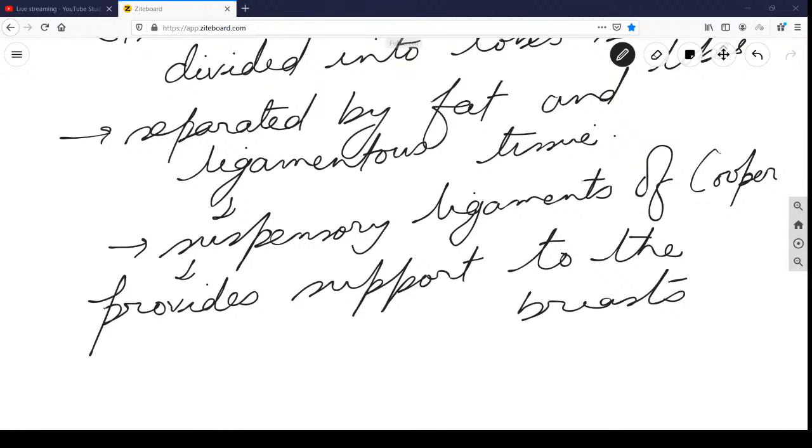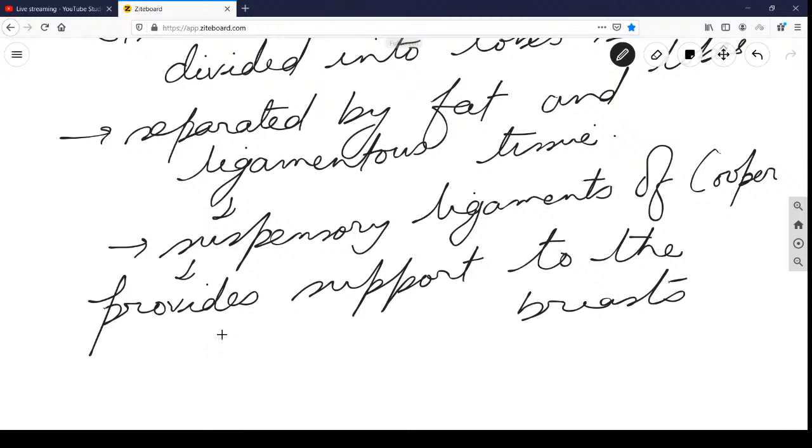Now each mammary lobe is composed of several lobules. We have 15 to 20 lobes in a breast, and each lobe is composed of several lobules. Those lobules are again made up of grape-like clusters of mammary alveoli.